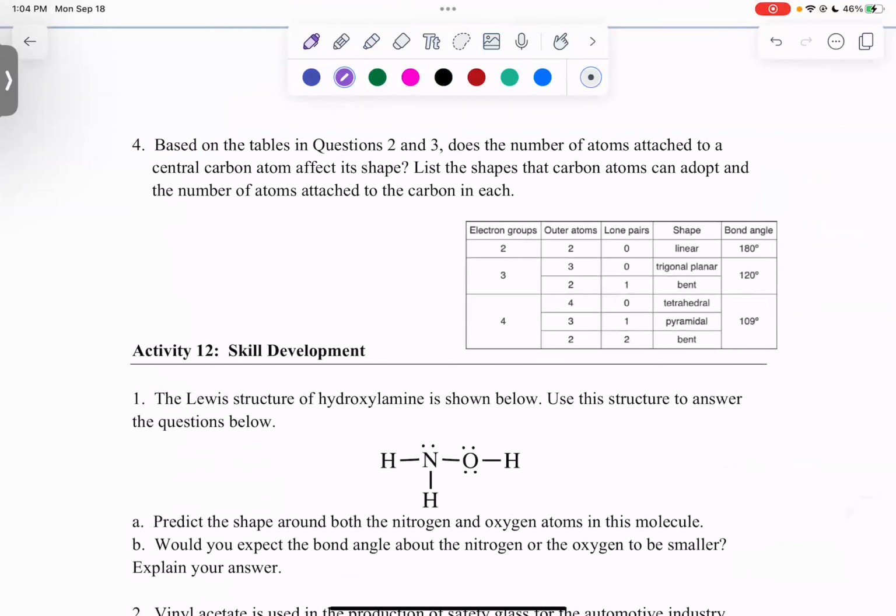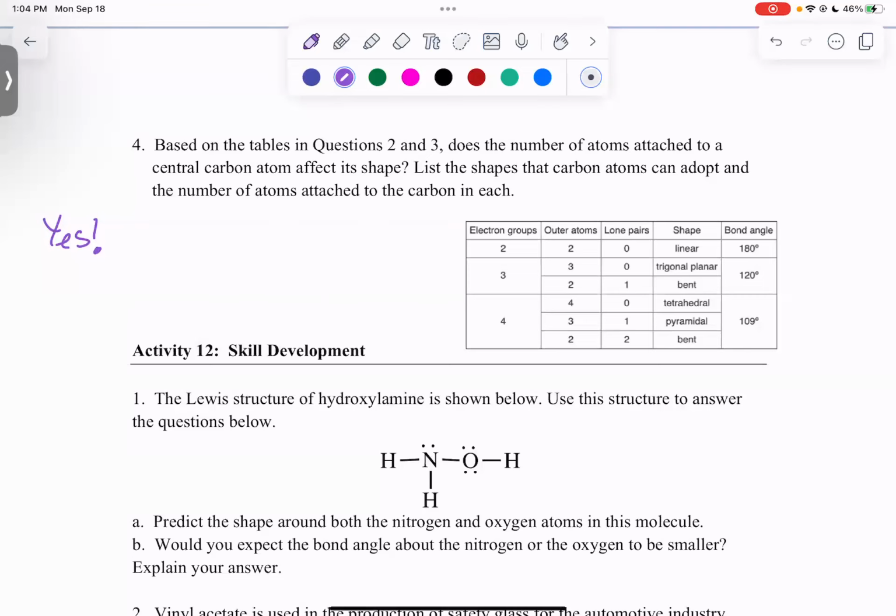So based on our tables, does the number of atoms attached to a central carbon affect its shape? Yes, it does, right? So list the shapes that carbon atom can adopt and the number of atoms attached to the carbon in each. We're going to use our little chart to answer that, but I want to come back to this question first. So yes, we know that the number of atoms attached to the central carbon affect its shape.